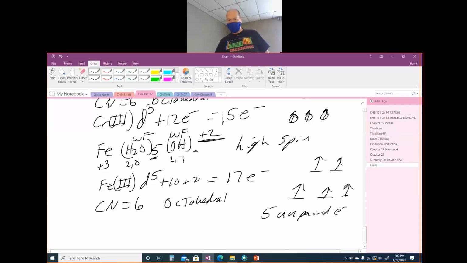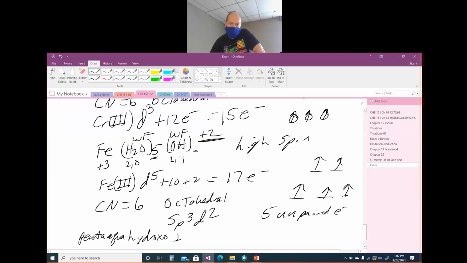And then since those are occupied up there, it is sp3d2 for the hybridization. And that is pentaaquahydroxoiron 3. So it is pentaaquahydroxoiron 3 for the name.